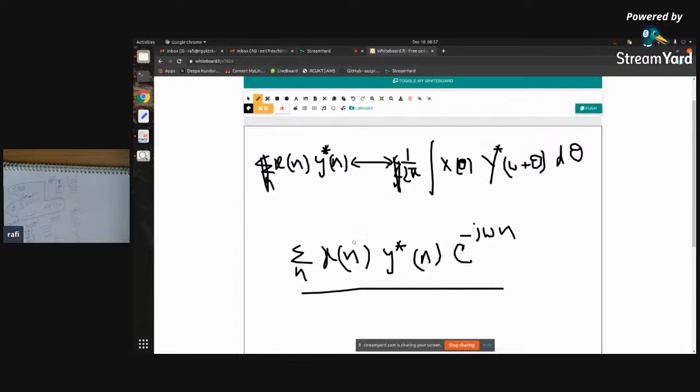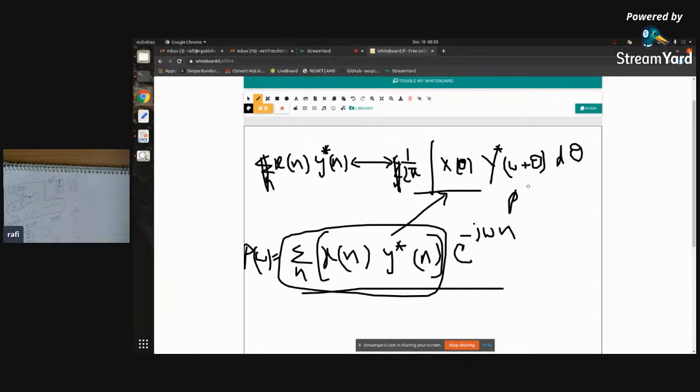What is this one? DTFT of x of n into y star of n. Yes or no? So if you want only this term, let us say this is some p of omega, some dummy name. So p of omega is this everything, which is the DTFT of this.